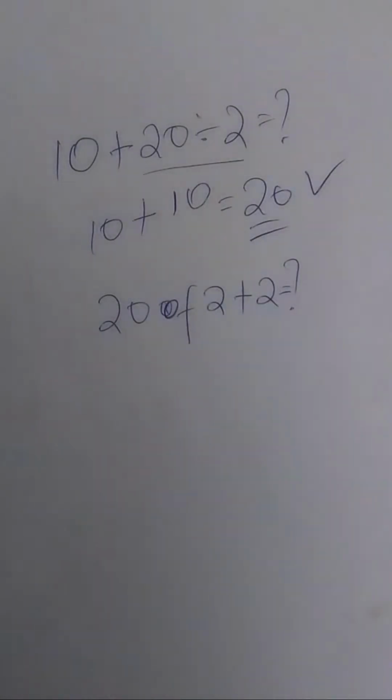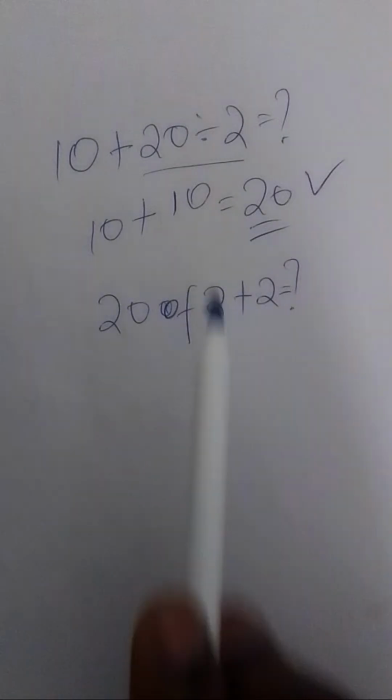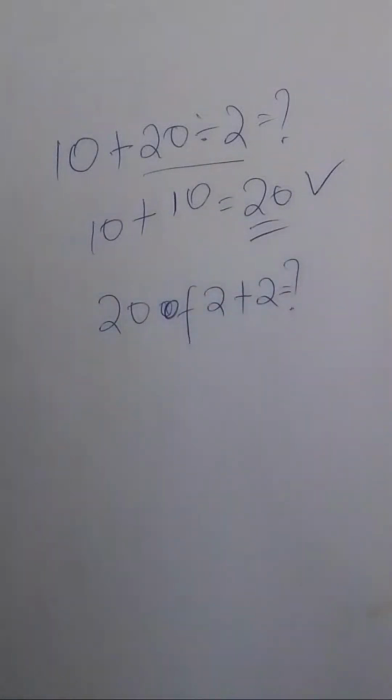First the brackets. If the bracket is not there, you move to the next step, that is Of. Of stands for multiplication. In our case, we have Of because we have 20 of 2, then plus 2. Then from there you move to D, which stands for division. In this case, you are not going to divide because we don't have a division.